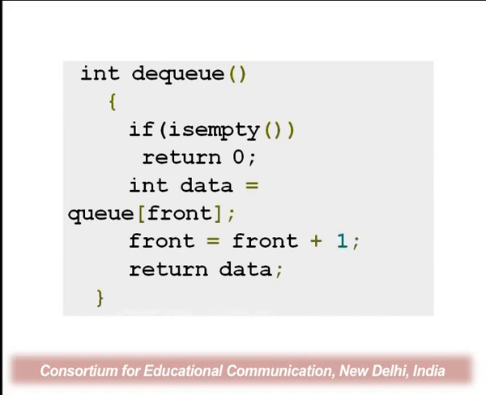And if it is not empty, then whatever data is available on the front index of the array Q will be assigned to the variable data, and then we update front as front equals front plus 1, and then we return that data which was earlier available at the front index, which we have saved in this variable, through this procedure DQ.